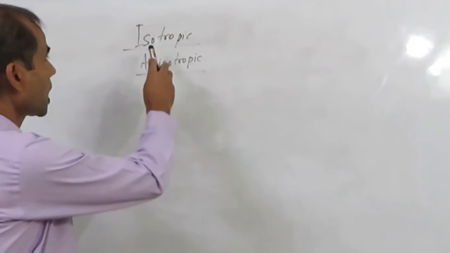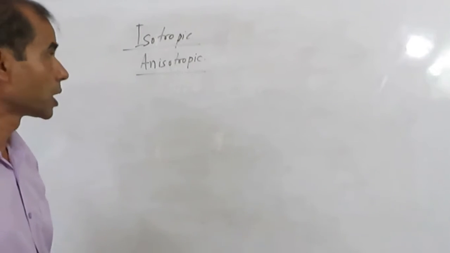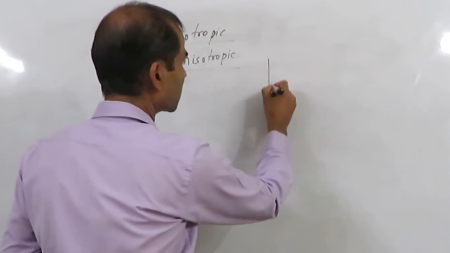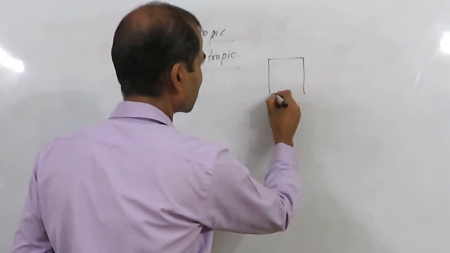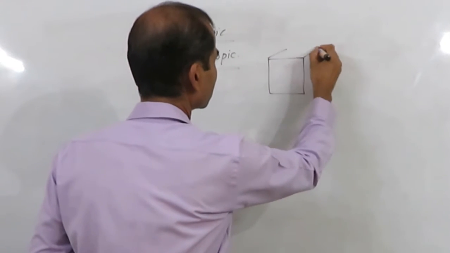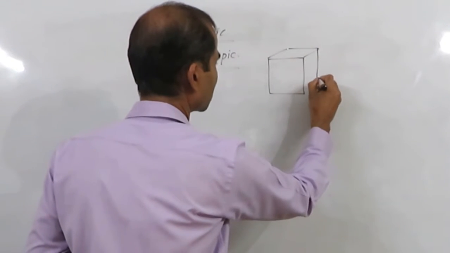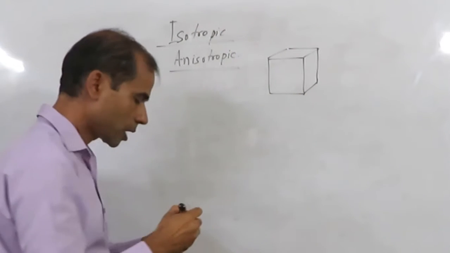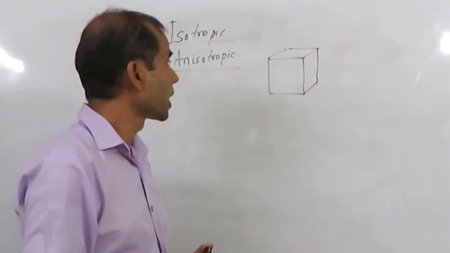So first of all, isotropic behavior. If we have a material, let's say we have a cube of this material.